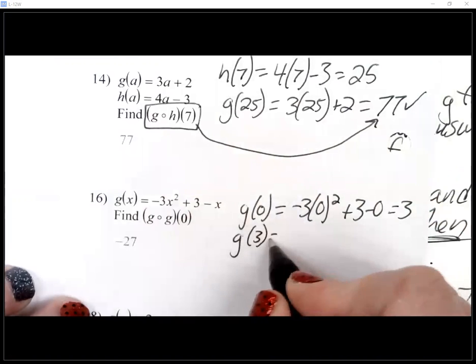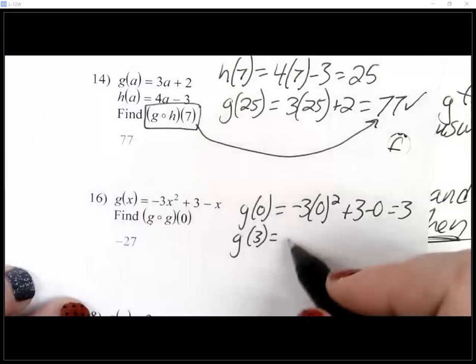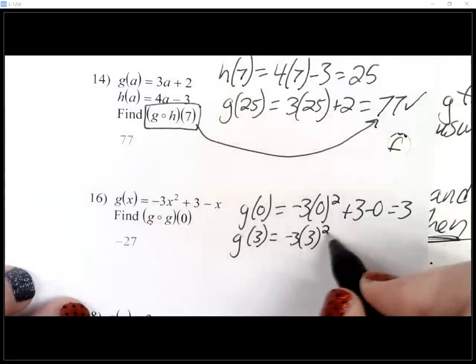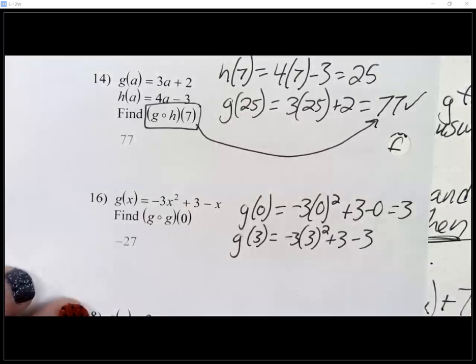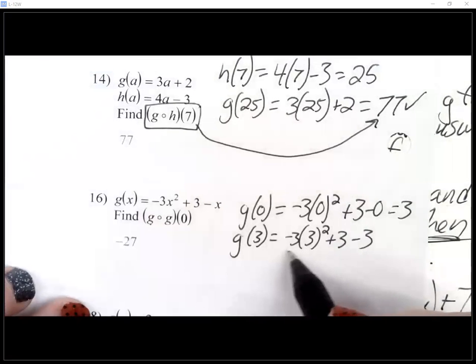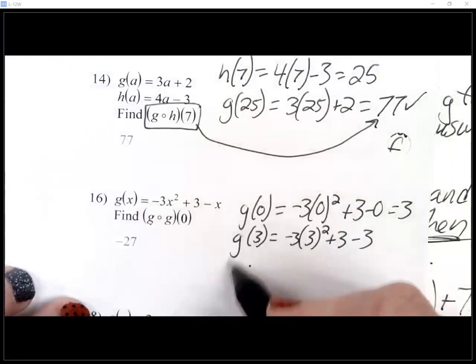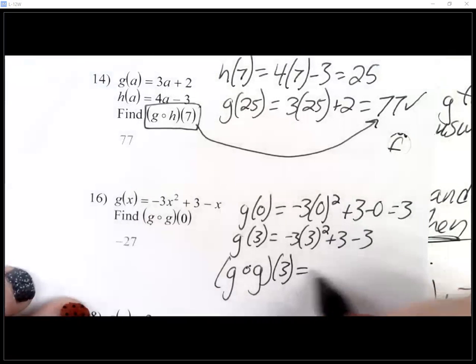When I plug that in, -3 times 3 squared plus 3 minus 3. There were 2 x's, so they both get replaced with 3. So my plus 3 minus 3 just cancel out. So what's that? 3 squared is 9 times -3. I get -27. So g of 3 is -27.